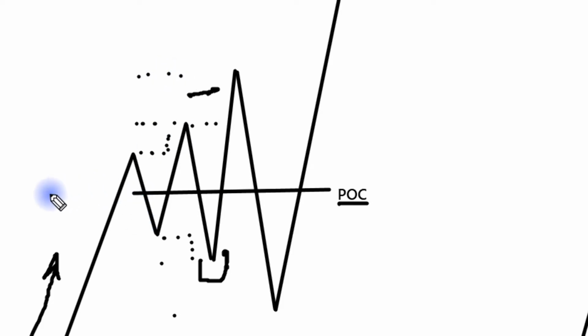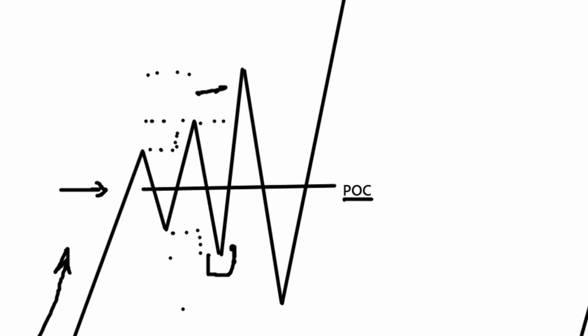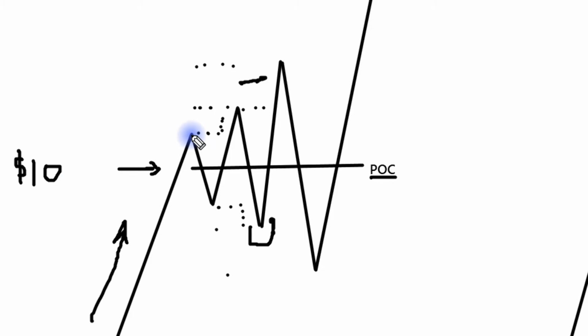So, for example, if the reaction against the trend was $10, let's say, the area 25% above the range would be, of course, $2.50 above that high. And the area 61.8% would be $6.18 above that high.